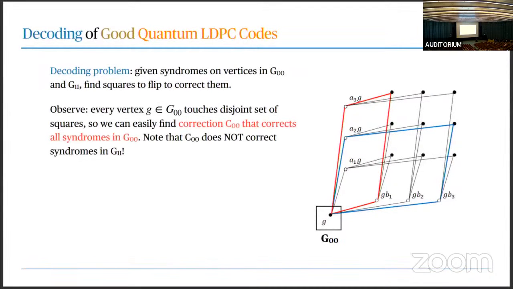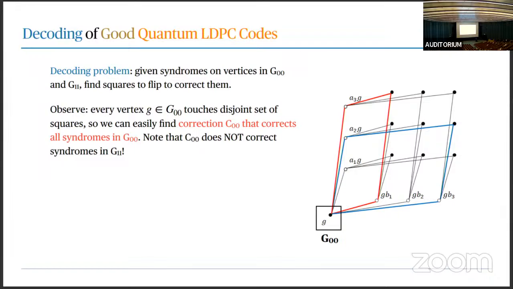So as we discussed earlier, every vertex g sitting here really has its own set of stabilizers that's acting on its own set of local qubits in its neighborhood. So if my goal is just to fix all the stabilizers on this one vertex, that's actually really simple because it's a very local problem. It's just a set of checks acting on a constant number of qubits.